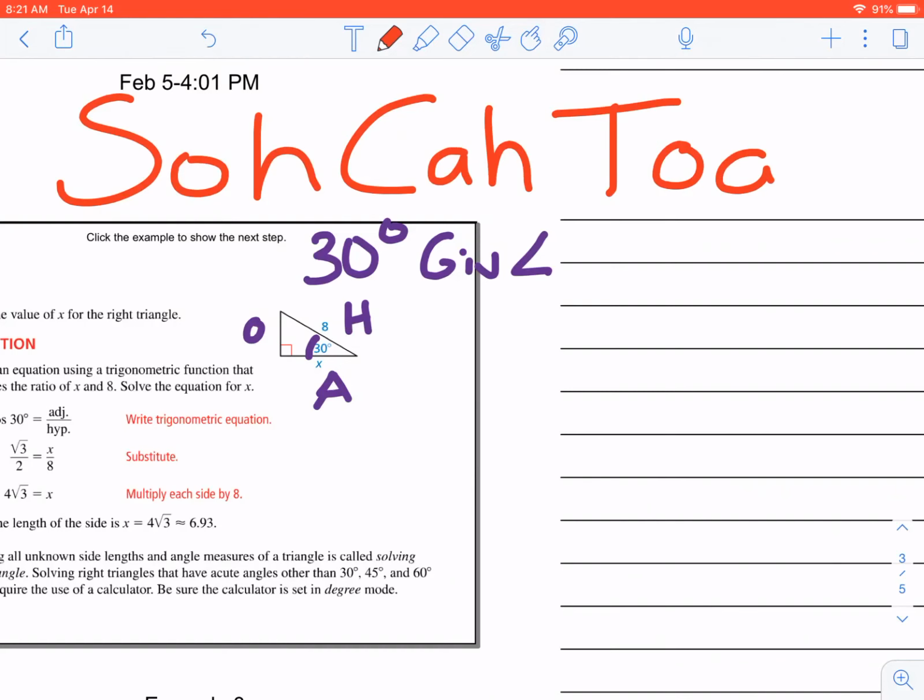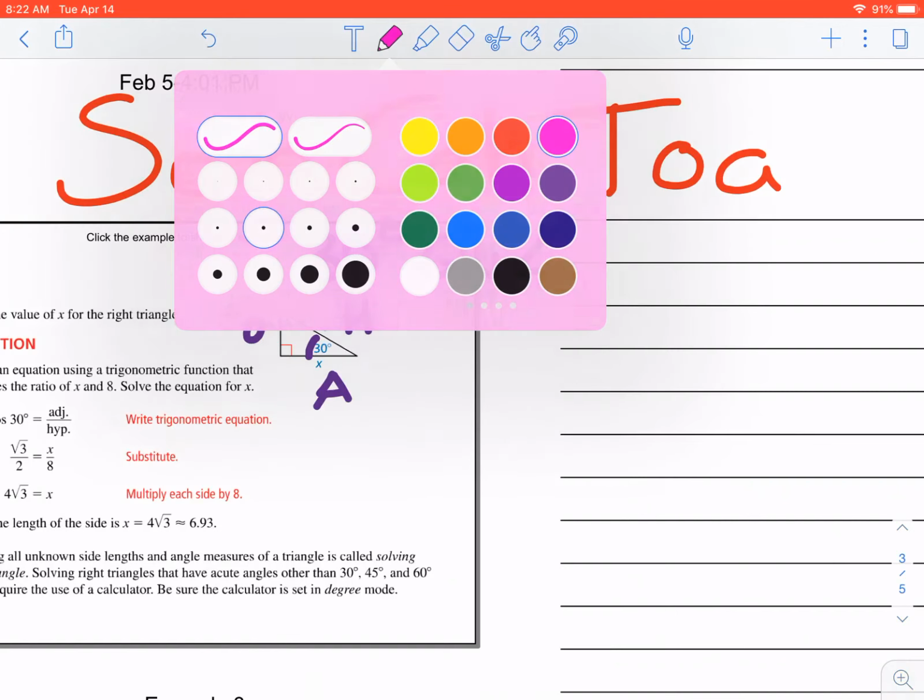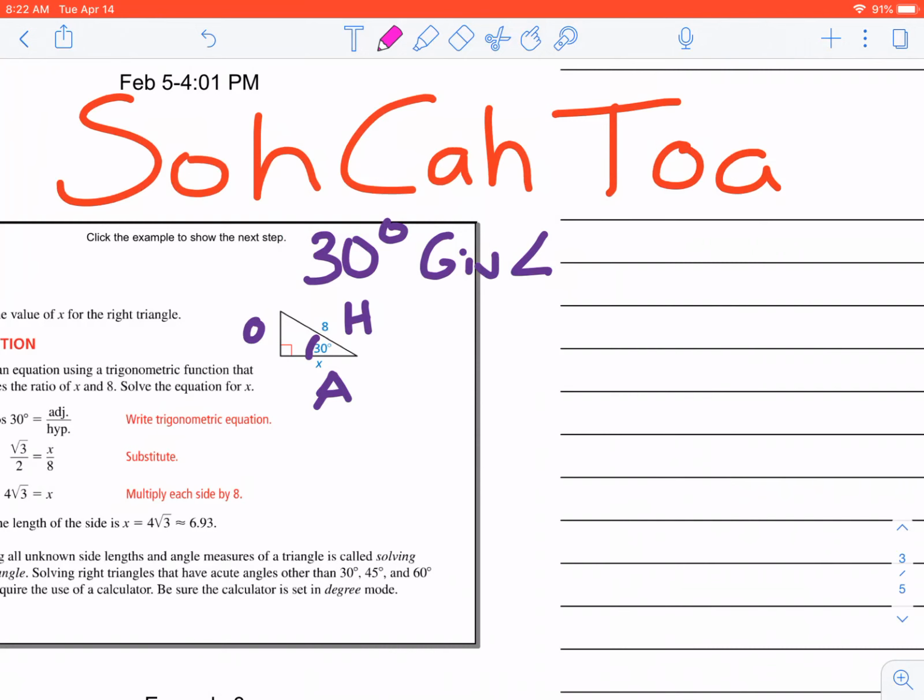I look at my triangle and say, I'm looking for an A and I have my H. What trig function has A and H? Well, it has to be cosine. So that's what you want to do every time. Label your sides on the triangle. What do I have? What am I looking for? Now what trig function goes with those? I'm looking for my A, and I have my H, so I'm going to use cosine.